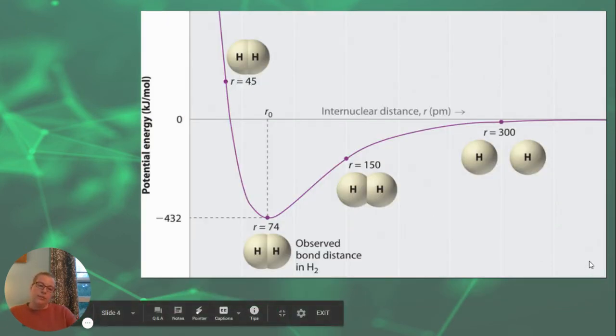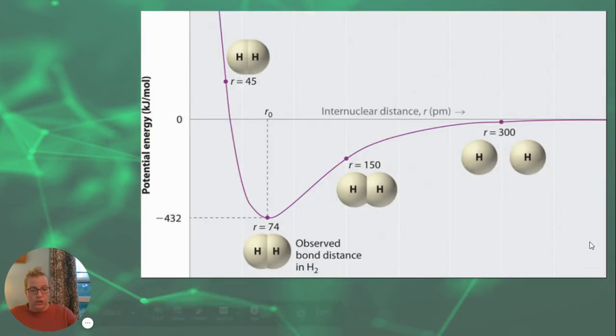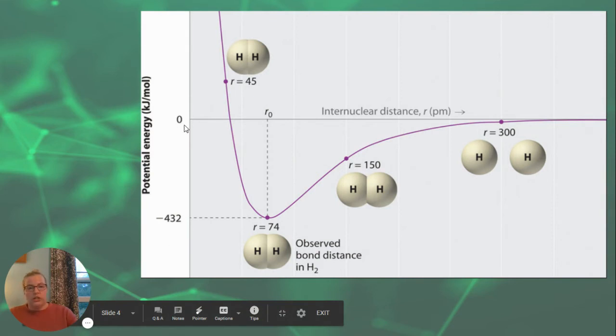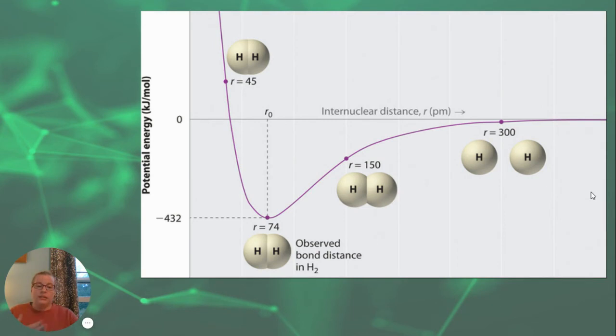So here is an example of some actual data for hydrogen atoms. We have potential energy here, and then we have internuclear distance. Again, I read these from right to left. If we start at the right, at a distance of 300 picometers away from each other, which is really tiny, they are not close enough to have an attraction between the protons in one and the electrons in the other, and it doesn't do much.